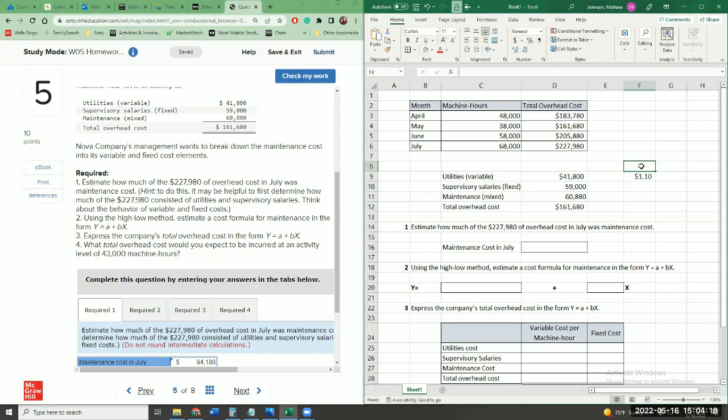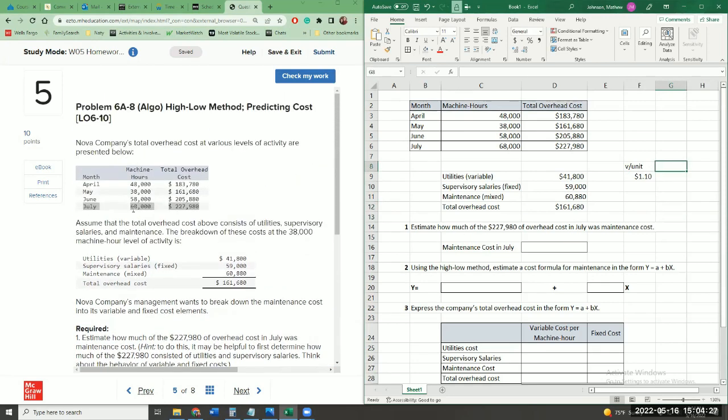So we know that the variable cost per unit is $1.10. So to know how much is the total variable cost for 68,000 machine hours from July, we just need to multiply this 1.10 times 68,000 machine hours. Okay, so this is the total variable cost. Now the fixed cost, the total fixed is always the same, no matter how many machine hours they do.